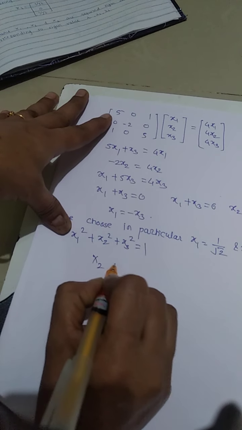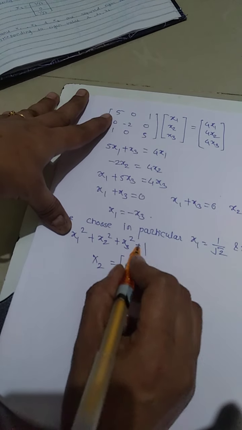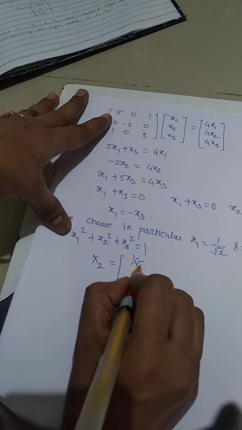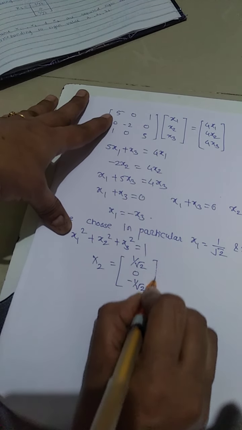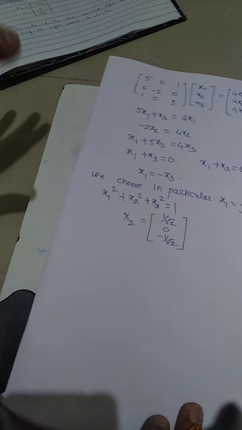Then we get the second eigenvector is (1 upon under root 2, 0, minus 1 upon under root 2). That is the second eigenvector.